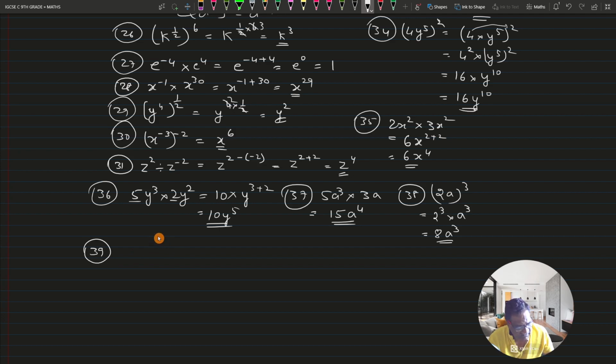It's 3x cube divided by x cube. Fine. Now numbers you have to divide separately. 3 divided by 1 will be 3, and then x cube divided by x cube will be 1. Both x cube will cut. So the answer will be 3 into 1, which is nothing but 3.